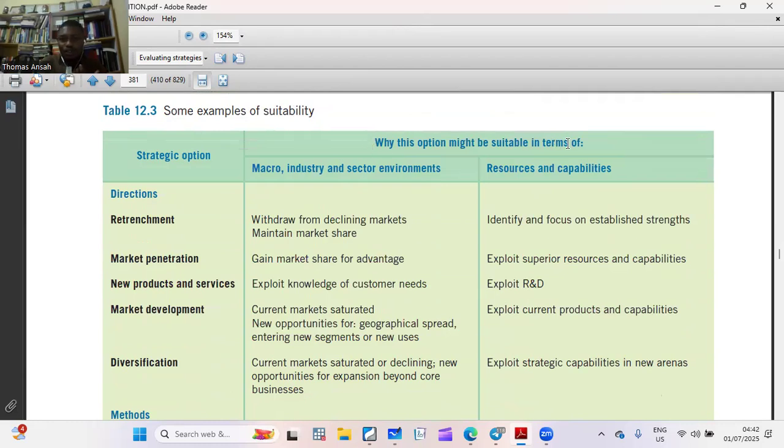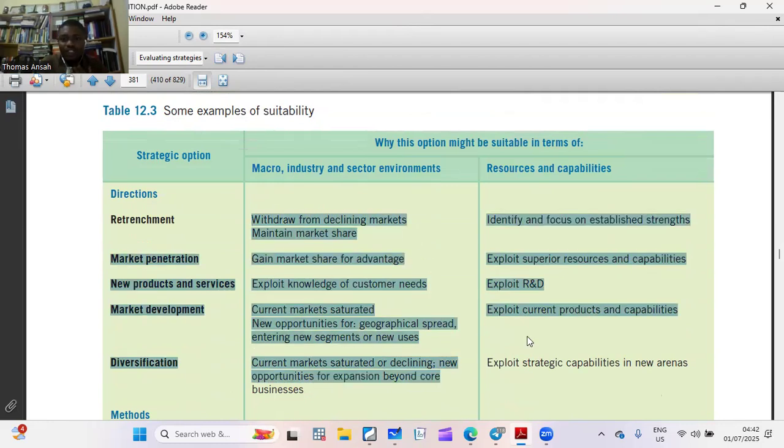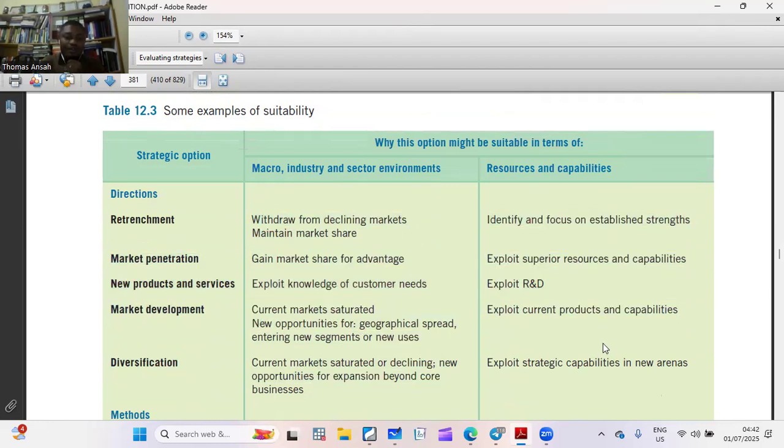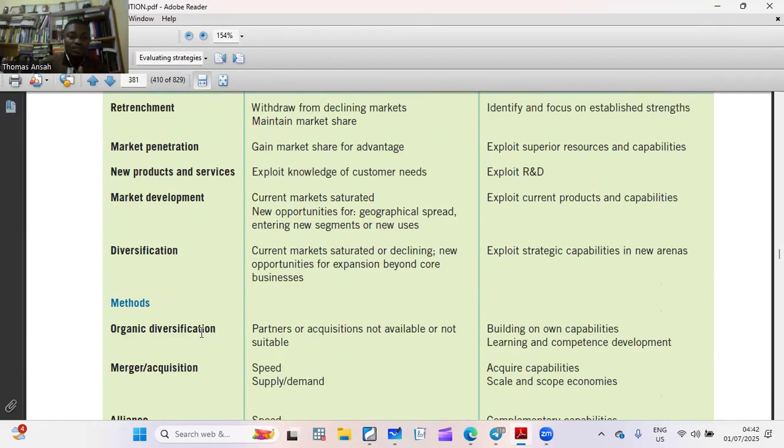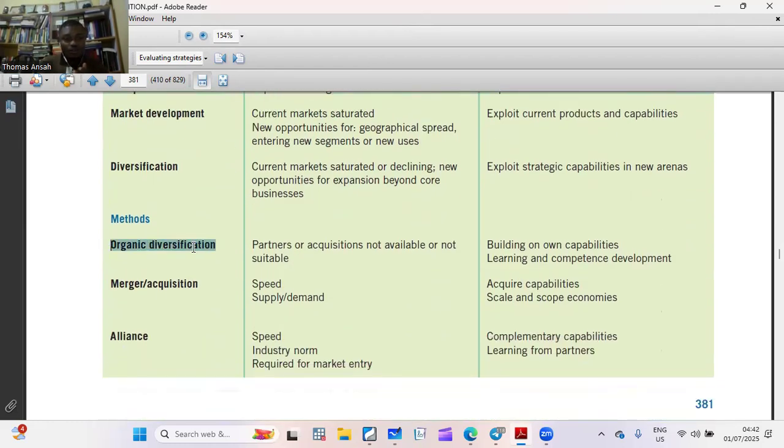Why this option might be suitable in terms of the macro, so you look at it. And in terms of the resources that they have, so basically that is it. So we will look at some of these things in practice, not really doing this. You remember this one? The DIY, do it yourself, ally, and MA.